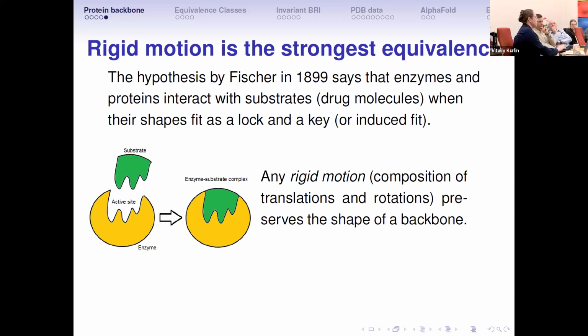Actually, the more up-to-date hypothesis is the so-called induced fit hypothesis, which states that the key can be a slightly different shape, and the lock can also be ever so slightly different, taking the shape of the key.